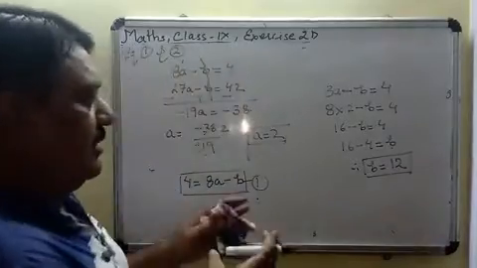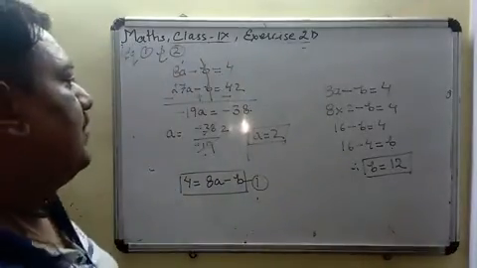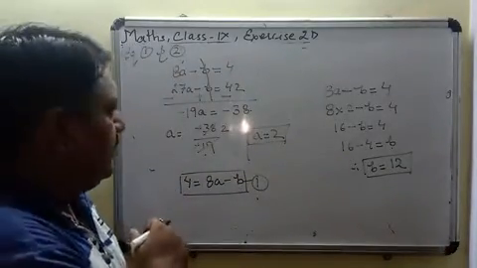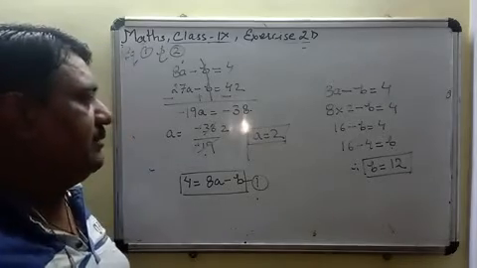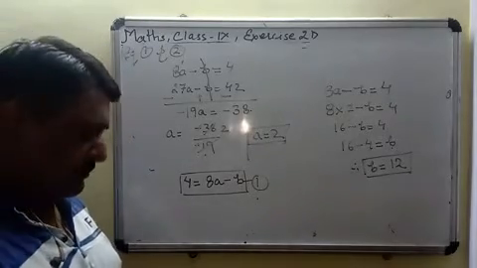So this is the solution giving our value a equals 2 as well as b equals 12.